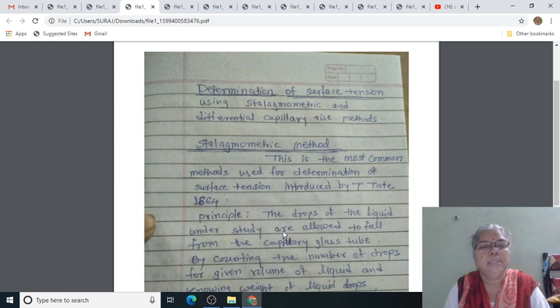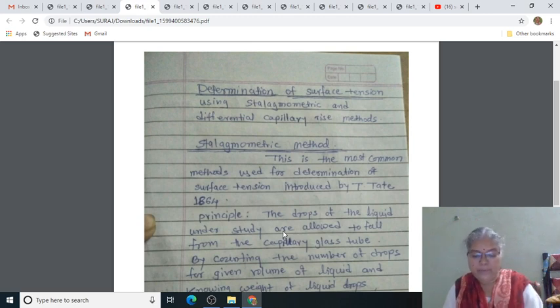For the last lecture we have seen the surface tension, it arises due to unbalanced forces which act at the surface molecules, and each and every molecule is supposed to be under tension.